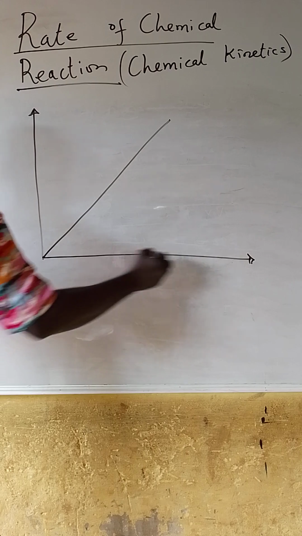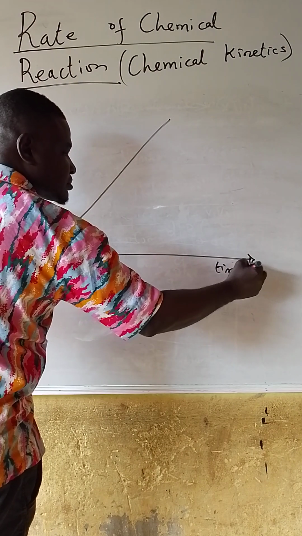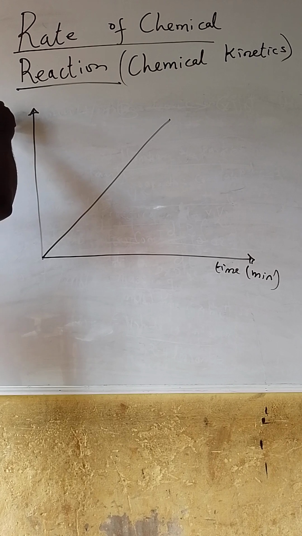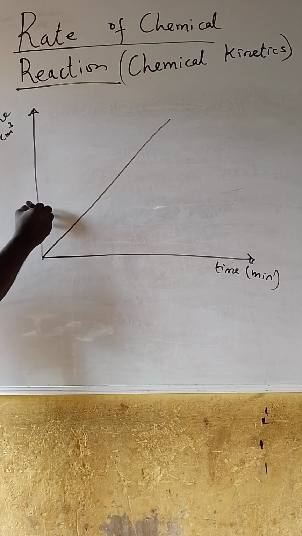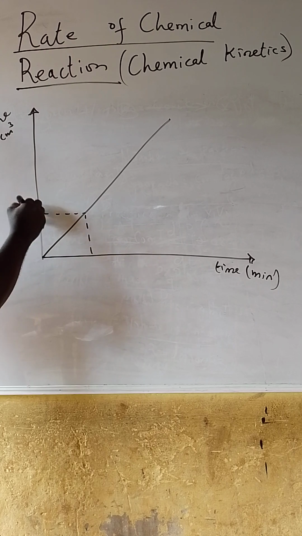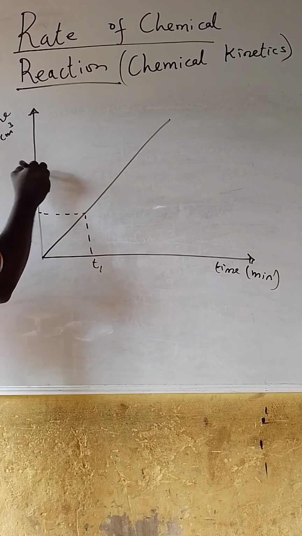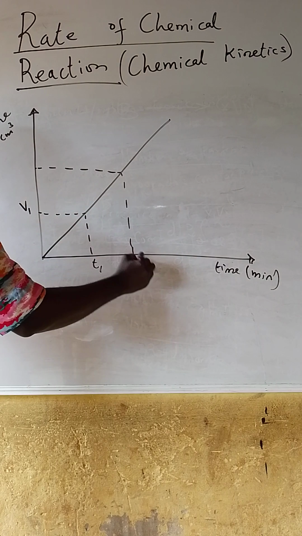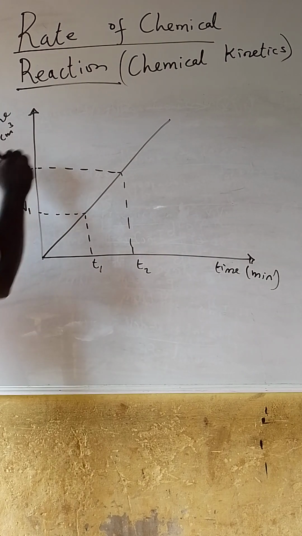This is my time in minutes, volume in cm cube. So let's say this is V1, T1, T2, V2.